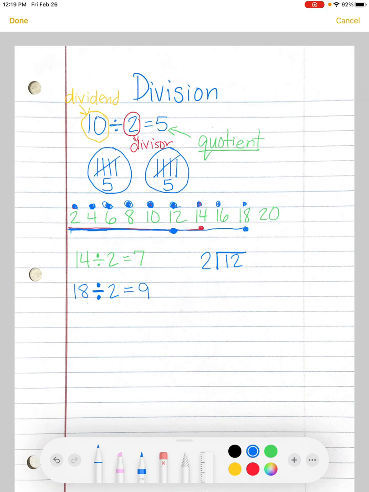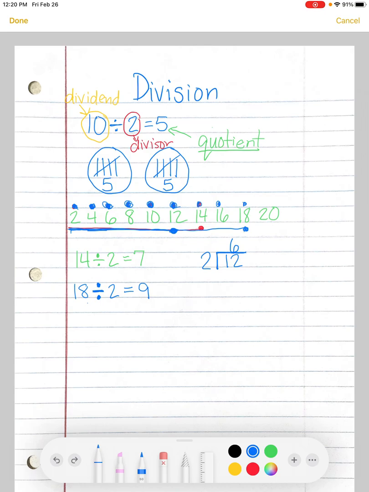Now, when you use a division bracket, the answer does not go on the bottom. It goes on the top of the bracket. So, this says right here, 12 divided by 2 equals 6. Again, 12 divided by 2 equals 6.